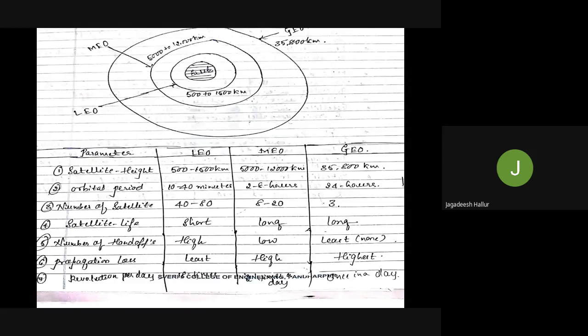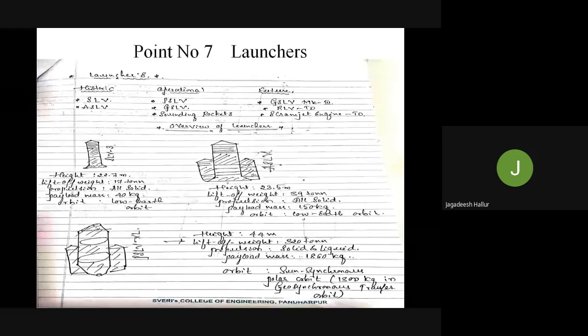This is the concept of types of satellite orbits. Okay, the last point is remaining. Tomorrow we'll see point number 7, that is launchers. This is the last point of unit number 1.